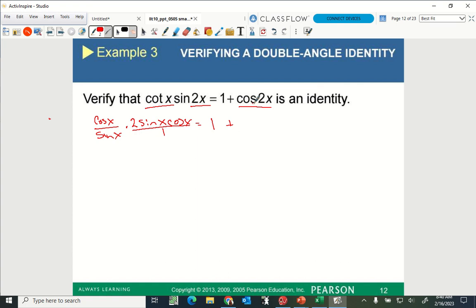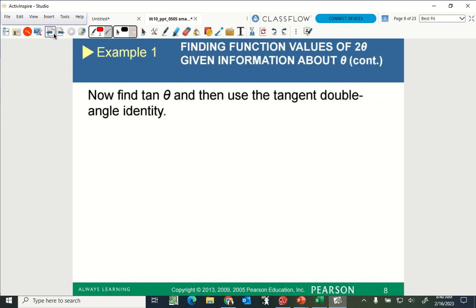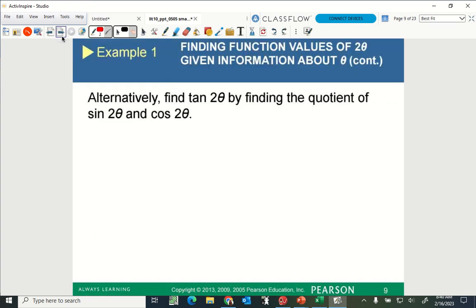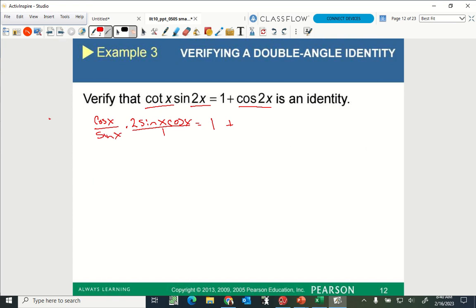The reason why I'm not going to do cosine is because if I look at my identities for cosine, I have 1, 2, 3. So I want my left side to match one of these, but let's see which one I wanted to match first. So I'm going to clean up my left side of my equation before I do that problem.